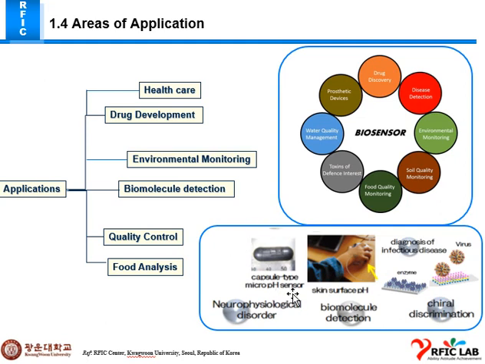Like here we can see a capsule type micro pH sensor, neurophysiological disorder sensor, skin surface pH sensor, biomolecule detection sensor, diagnosis of infectious disease sensor, enzyme sensor, virus sensor, and chiral discrimination sensor. There are different aspects of areas of application for the sensing technology.